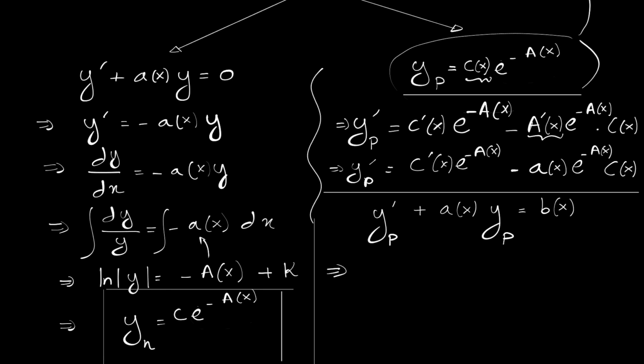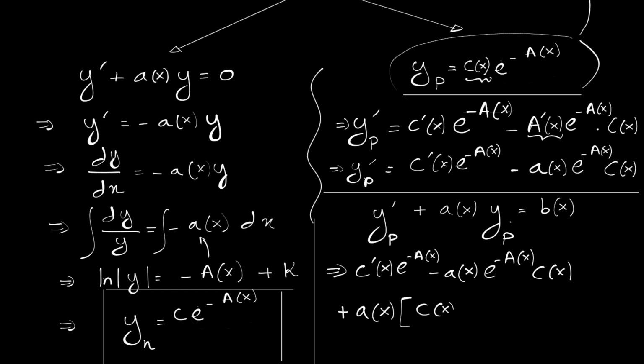Then we can write c prime of x exponential of minus A of x plus a of x times yp, which is c of x exponential of minus A of x, equals b of x.